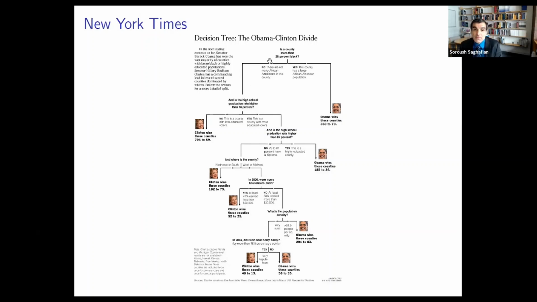As I mentioned, the first predictor is whether the county has more than 20% African Americans. If yes, then the algorithm predicts that they're going to vote for Obama. If no, the second predictor is whether the high school graduation rate is higher than 78%. If yes, then there's another question. If no, the algorithm predicts that they're going to vote for Clinton, and so on and so forth.